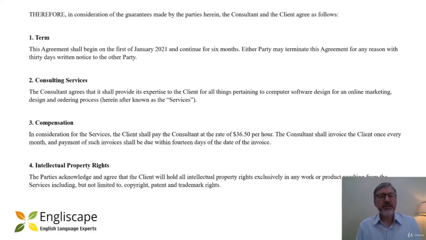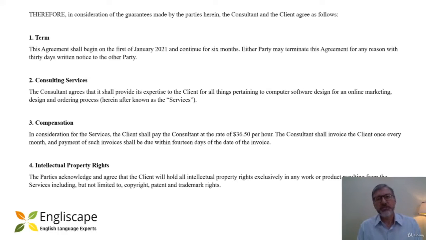We begin the section of articles now. Therefore, in consideration of the guarantees made by the parties herein. Consideration means here thinking about or knowing about the guarantees made by the parties herein. The consultant, you know that's Krishna, and the client, you know that's Mitchell Windows and Doors, agree as follows. 1.